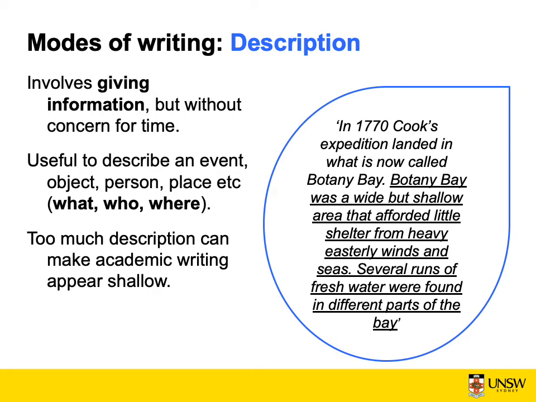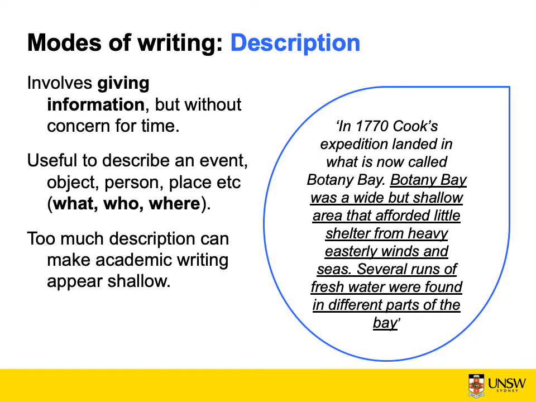So here's an example related to the first one. In 1770, Cook's expedition landed in what is now Botany Bay. Botany Bay was a wide but shallow area that afforded little shelter from heavy easterly winds and seas. Several runs of fresh water were found in different parts of the bay. So here we have describing a place.